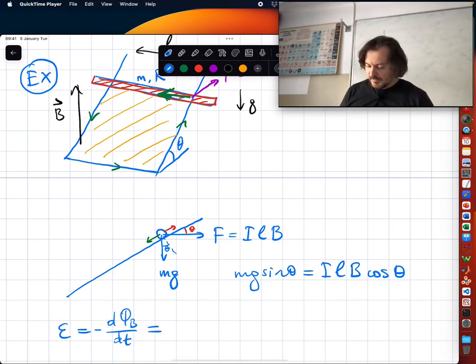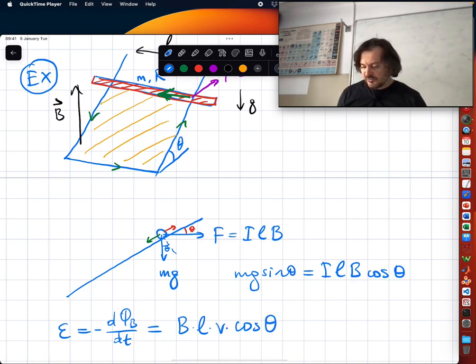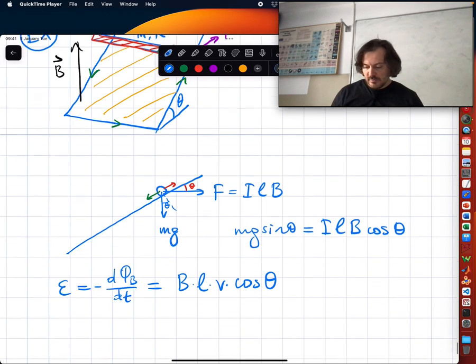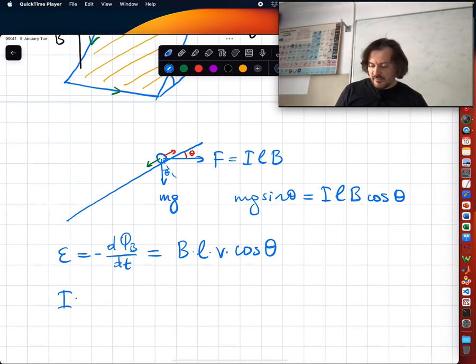So the change per unit time in the area is going to be L times V, right? So we are going to get B times L times V, but there will be this angle for the change, cosine theta. All right, the current is E over R, which means that the current is BLV cosine theta over R.